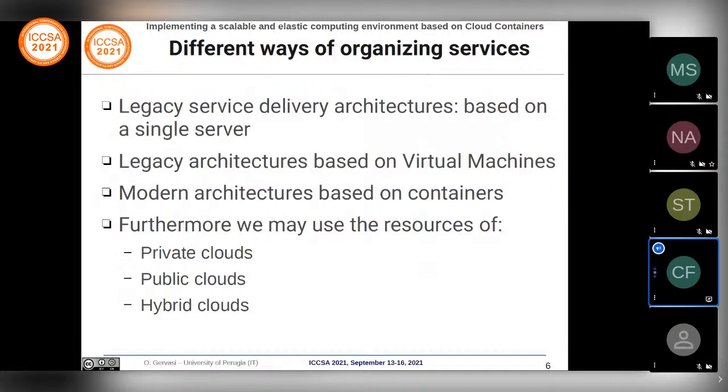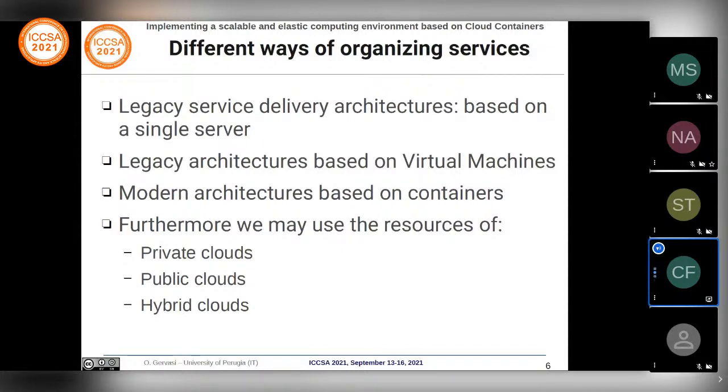But it's still more complicated than containers, because a virtual machine may host several applications, several pieces of software again, while the container is much lighter because it contains few things, so it's much easier to manage.